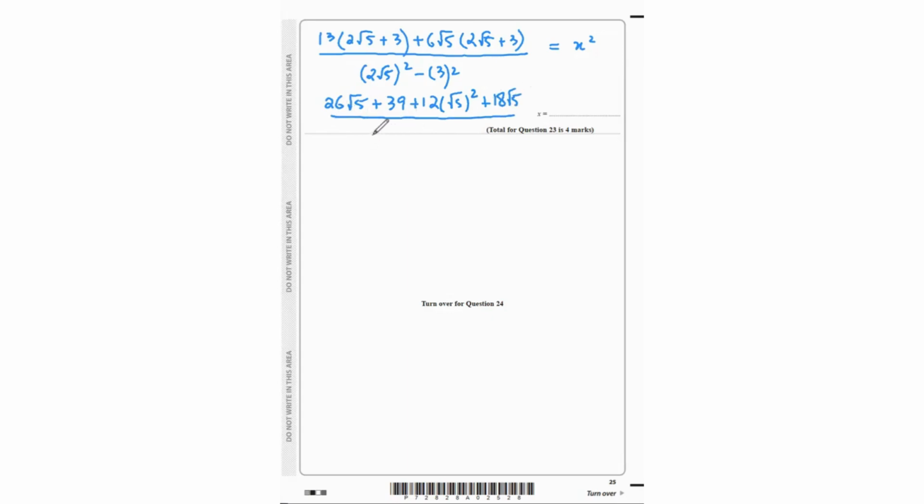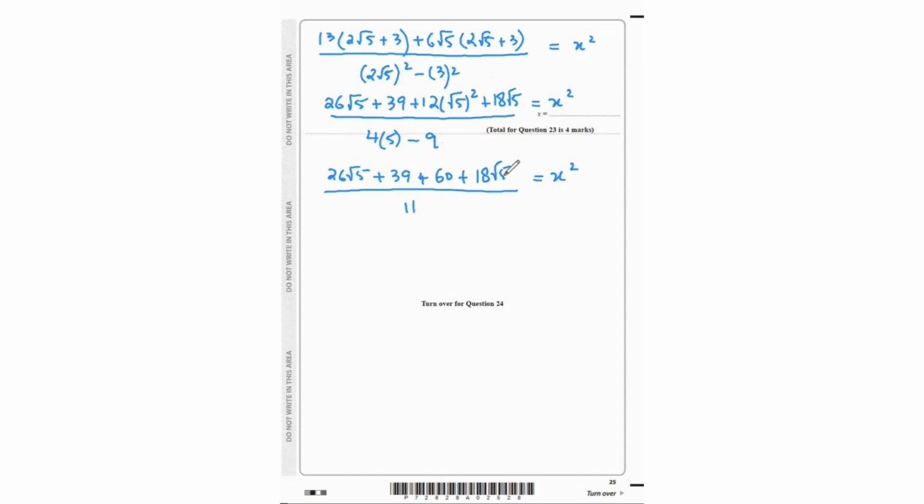Divided by 4 times 5 minus 9. 26 root 5 plus 39. Root 5 squared is 5, so 12 times 5 is 60 plus 18 root 5. 4 times 5 is 20. 20 minus 9 is 11.